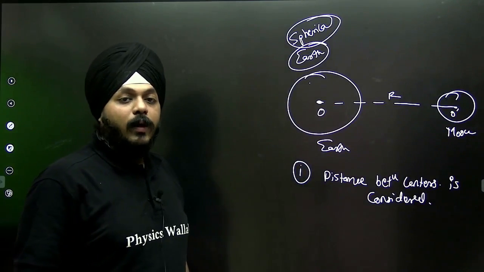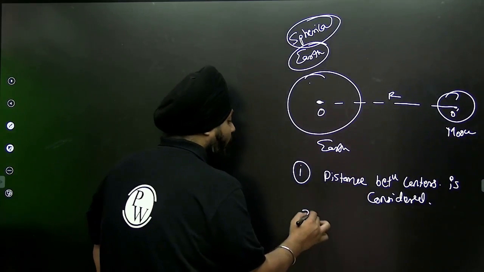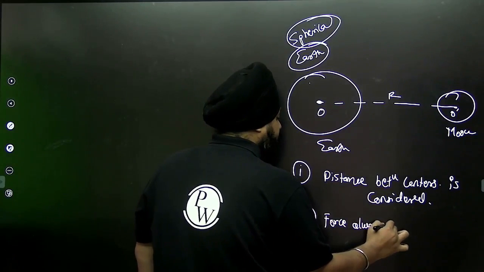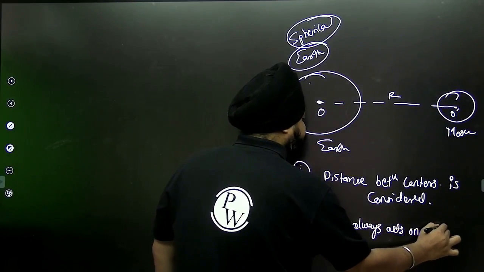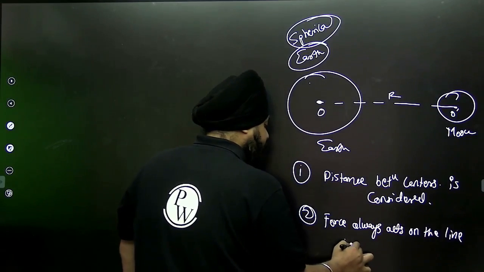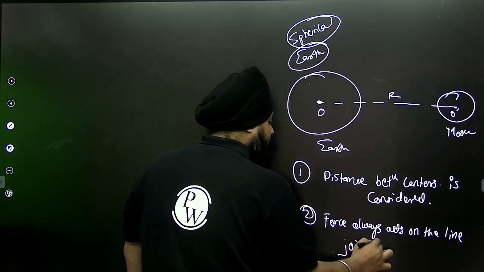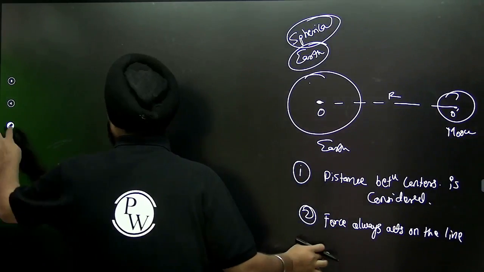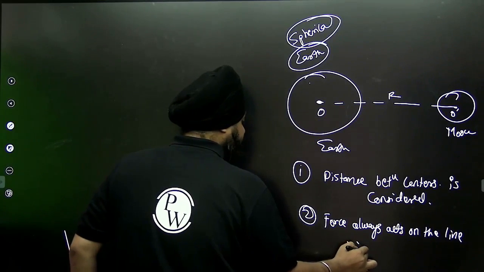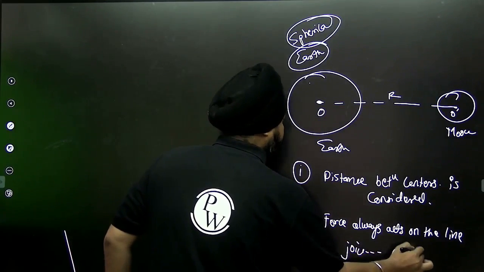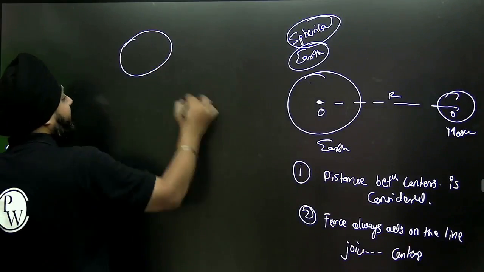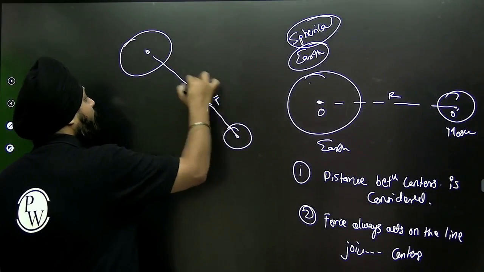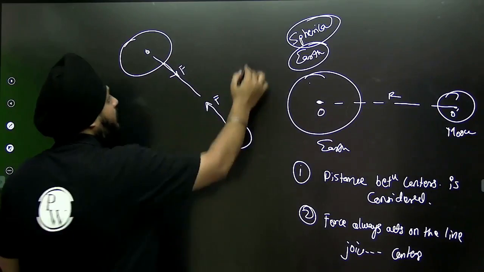The force always acts on the line joining the two centers. Suppose if two particles are like this, the force always acts along the line joining the two centers. This will be the attractive force F and this will be the attractive force F.